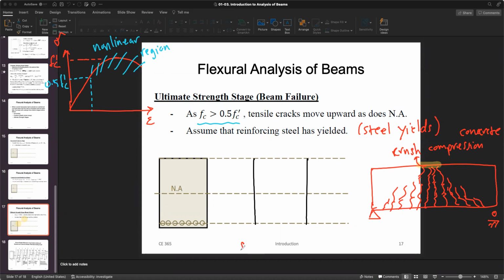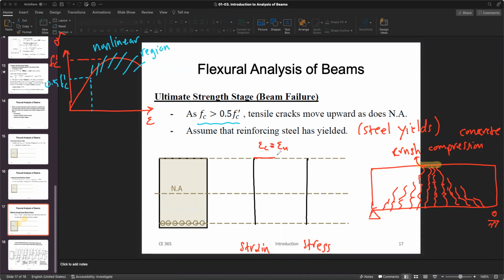So here we are dealing with the strain. This is your final strain, the ultimate strain of concrete on top, right?